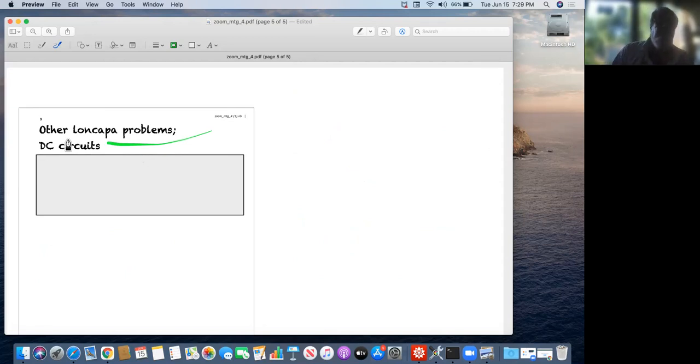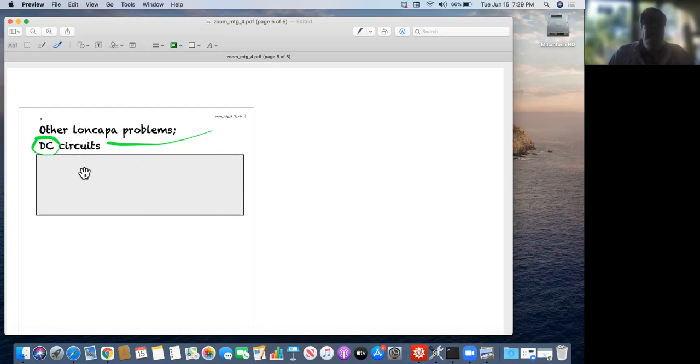But since there's just a battery to drive the current, that's a direct current circuit. At any point in the circuit, the current will be in the same direction. Current won't be oscillating back and forth between two different directions as it would in an alternating current circuit.